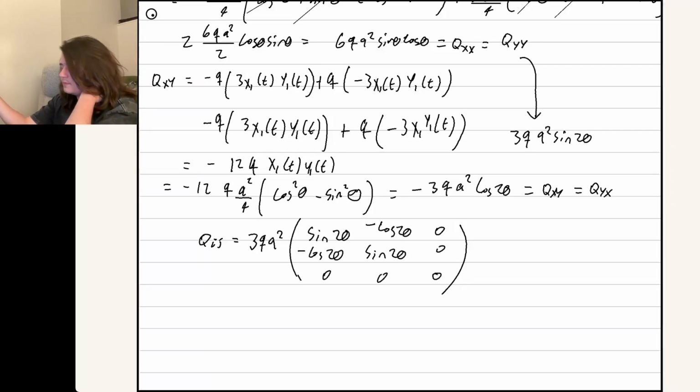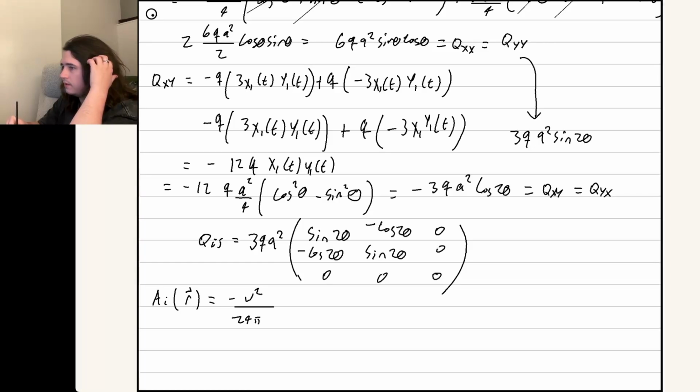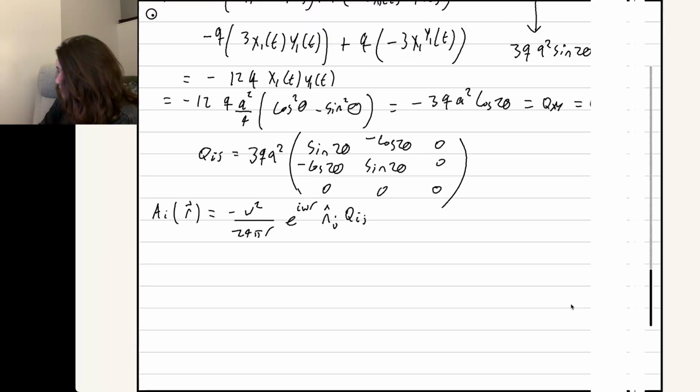So now we can get our vector potential. Using the quadrupole expansion of the vector potential, you have that Ai, that being the i index of the vector potential, will be minus omega squared over 24 pi r e to the i omega r hat and j qij. Yeah, it's just qij. So that's your vector potential.